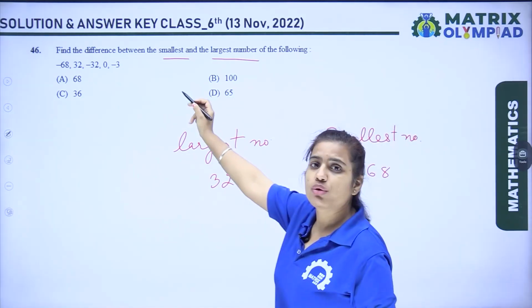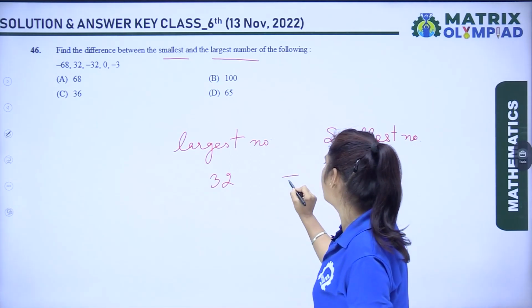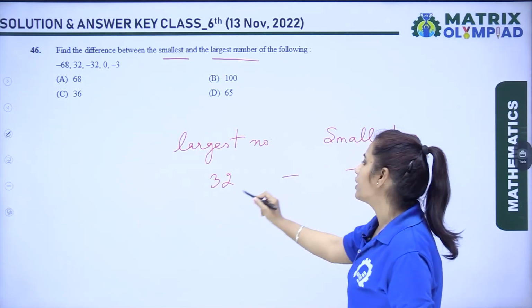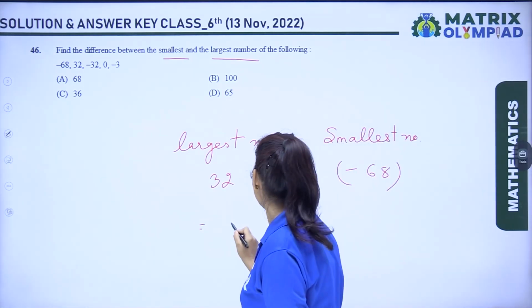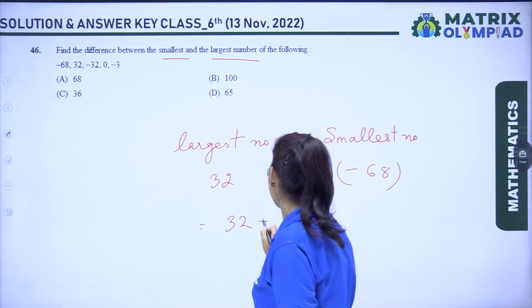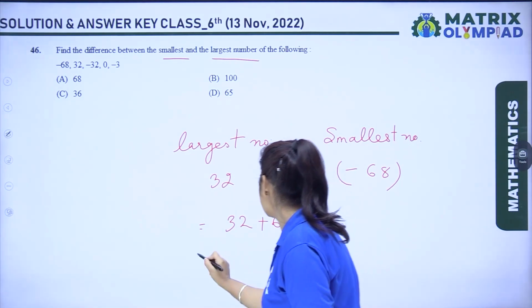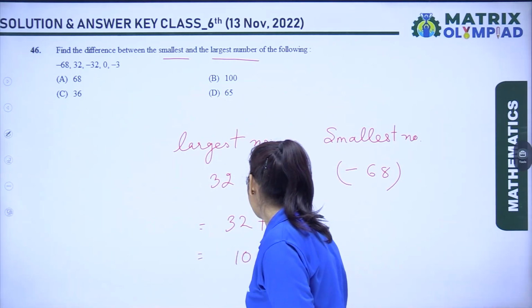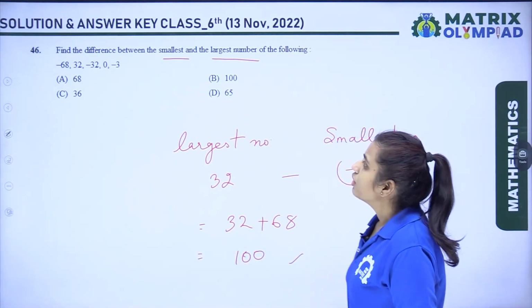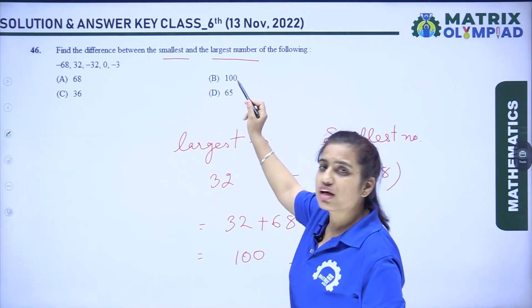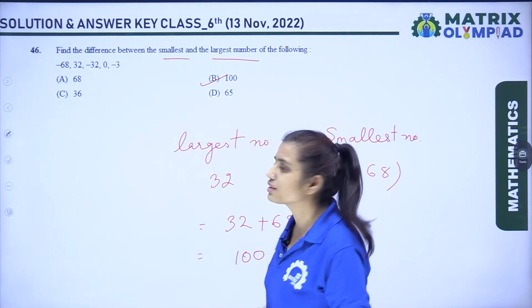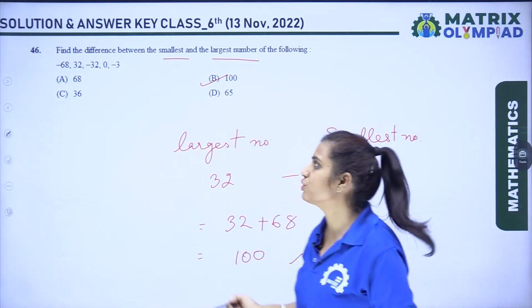We have to find out the difference between both the numbers. So, here 32 minus minus 68 gives us 32 plus 68, that is equal to 100. So, the difference between the smallest and the largest number is 100. So, option B is the correct answer for this question.